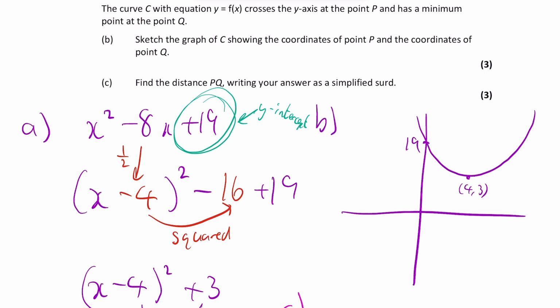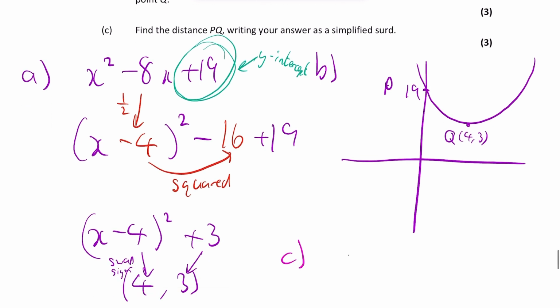And finally, part C, it's saying, well, over here on the y-axis we have the point P, and here's the point Q. Well, what we have is, to find the length, it goes down by 16 and across by 4. And because up is 90 degrees from right, we've got a right angled triangle.